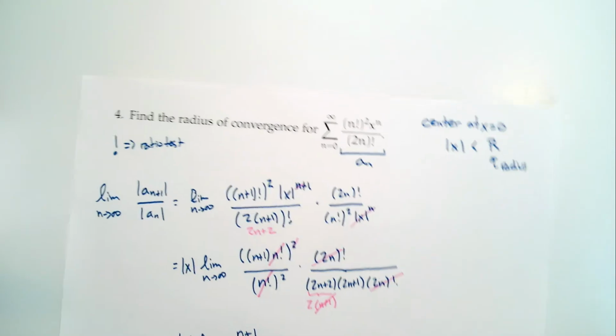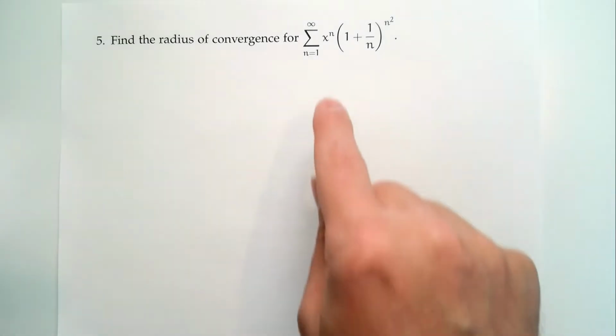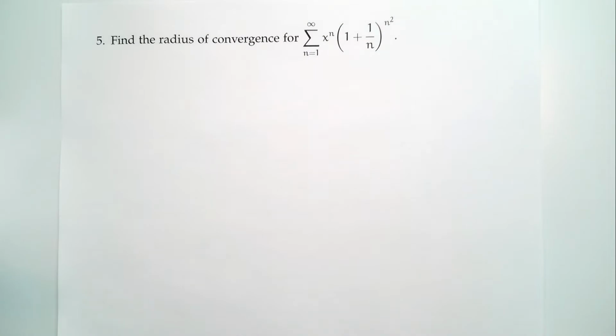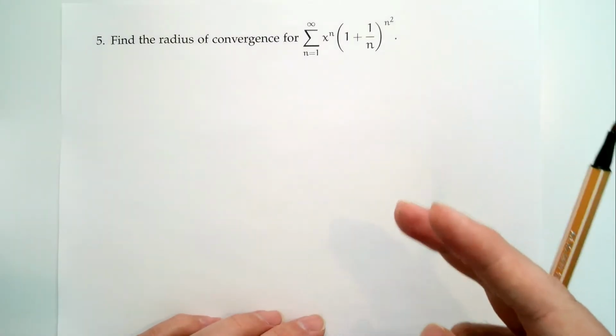All right. Next one, number 5. Find the radius of convergence. So x to the n, 1 plus 1 over n to the power n squared. What happens to that? You might think, what's the right test? The nice thing is, when you're doing the radius, there's only 2 tests: the root test and the ratio test.